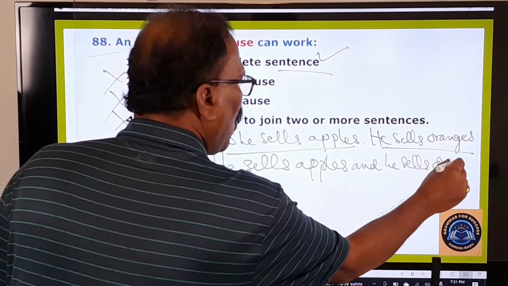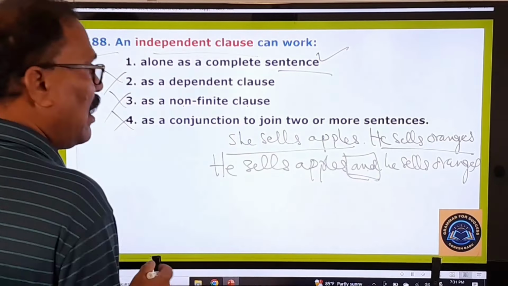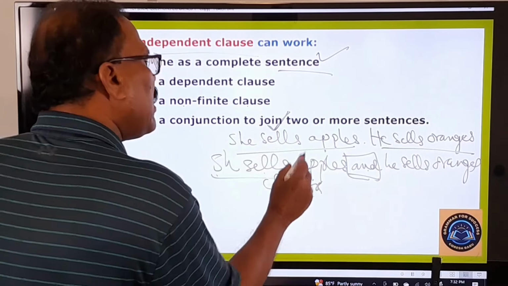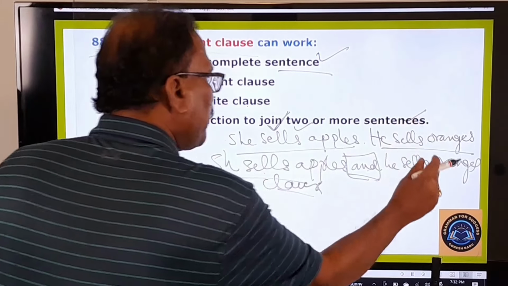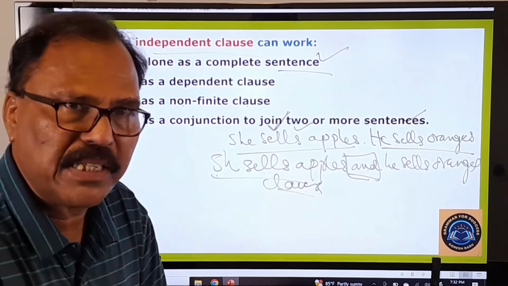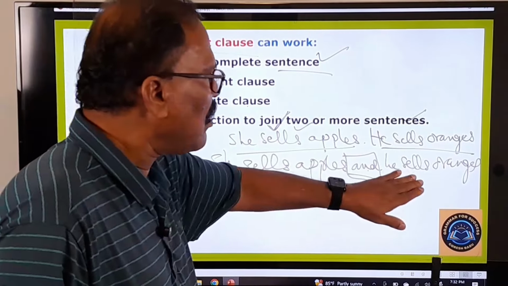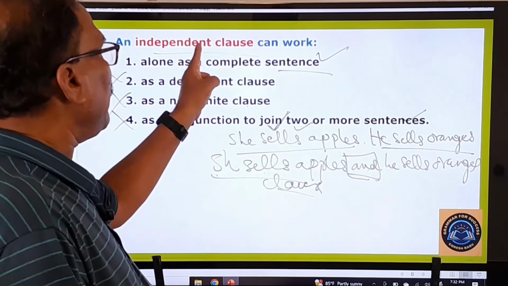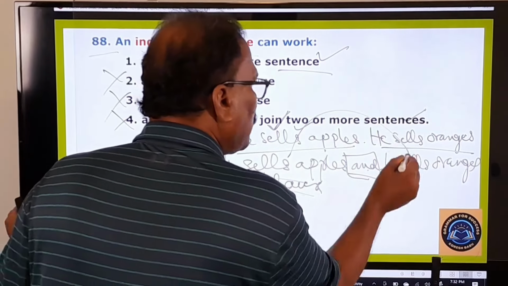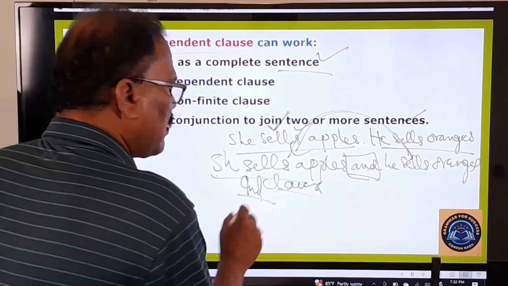Okay, this is how you will combine these things with the help of this conjunction and. Now this sentence, earlier it was a sentence, but when it is brought into one framework of the compound sentence or complex sentence, then it is called a clause. This is a clause now, this is a clause now. But what kind of clause? Independent clause. It is not depending on this and this is not depending on this. Therefore, this is called an independent clause.